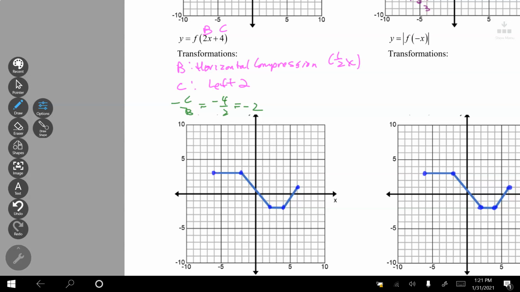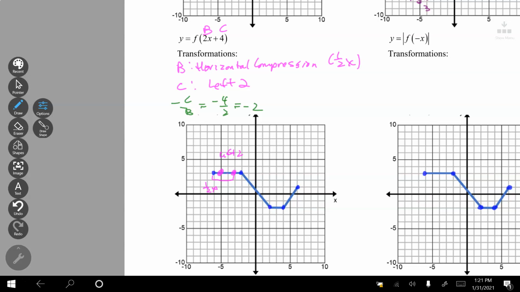So I'm going to take this x value, which is at negative 6, and do half of it. So now it's at negative 3. So this is half the x value. And then I'm going to go left 2. So 1, 2. And that is the big dot of being left 2. This dot, half the x is negative 1, and left 2 is going to be right here.